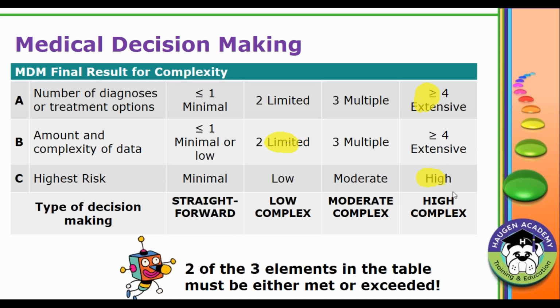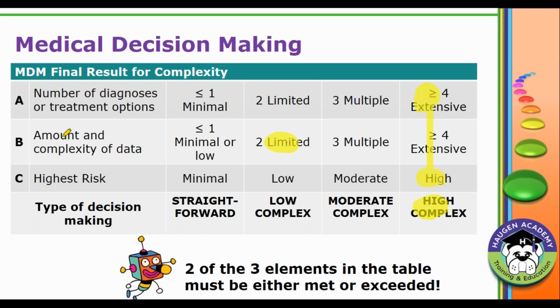Maybe the patient was admitted for pulmonary embolus and is going through quite a bit of follow-up here. Since we have 2 in this high complexity category column right here, we can go ahead and choose the high medical decision making. And then as long as we use our other TCM guidelines and follow them with our visit within 7 days, we can go ahead and bill a 99496 code.